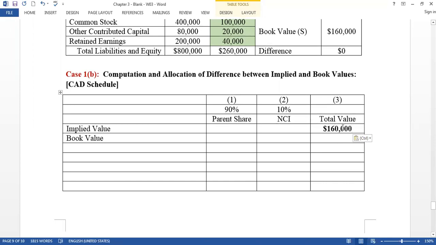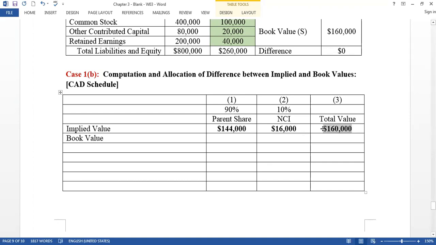So 90% will go to the parent company and 10% is the non-controlling interest. So it is $144,000 for the parent company at 90%, and the remaining $16,000 is the non-controlling interest. Do you understand?